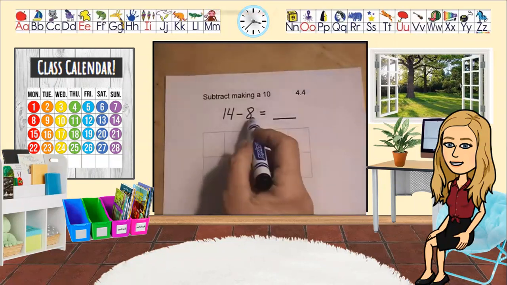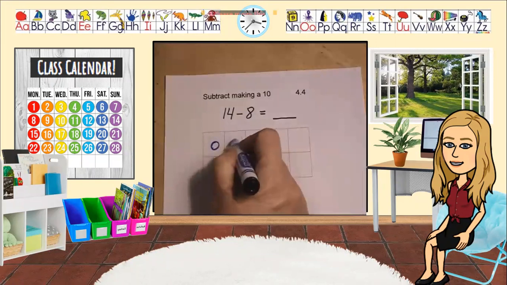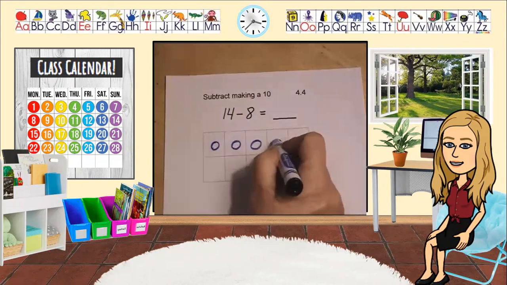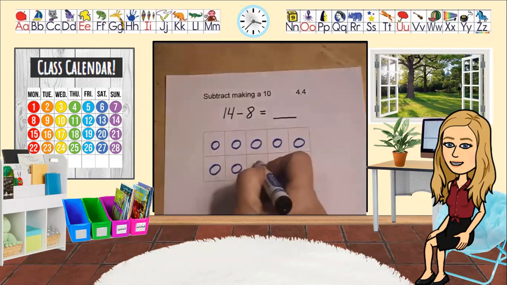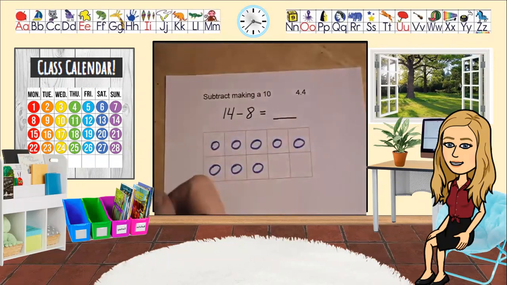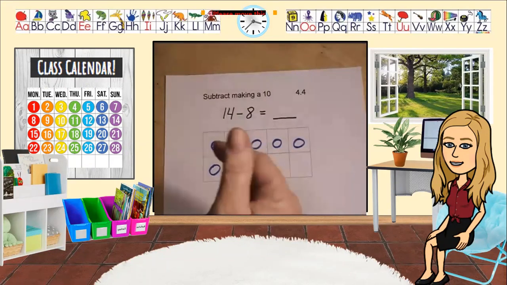We're going to start by putting 8 dots in the 10 frame. 1, 2, 3, 4, 5, 6, 7, 8. Now when we were young, we would do this on our fingers. We would start at 8 and we would count up to 14.